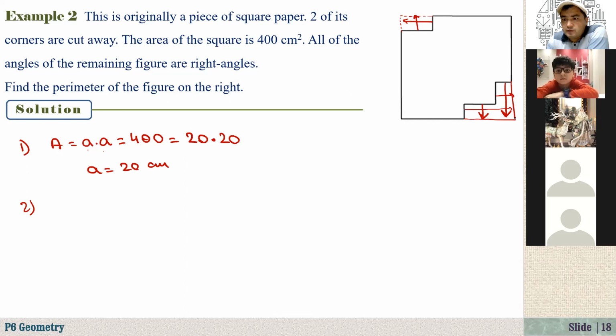And here we have square. So actually the perimeter of this figure is the same as the perimeter of the original square. And since we know one side of the original square, the perimeter will be equal to 4 times A. A is 20, that's equal to 80 centimeters.